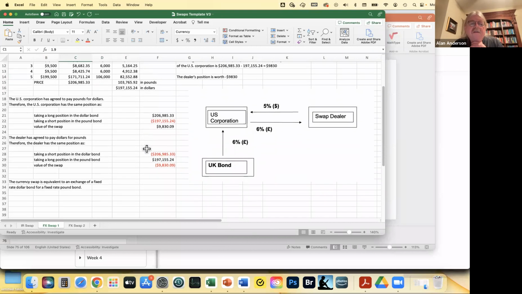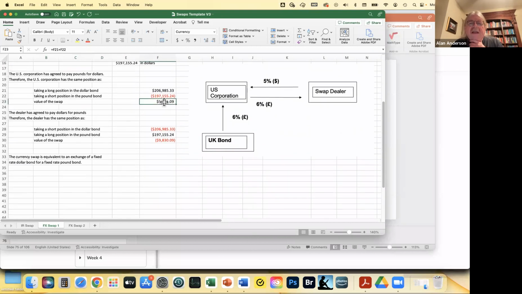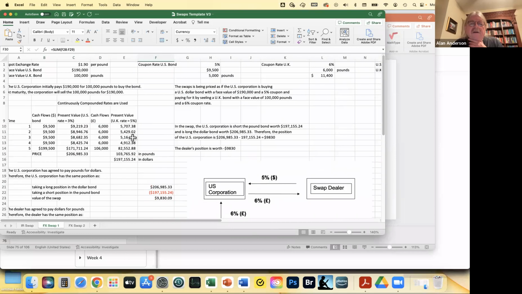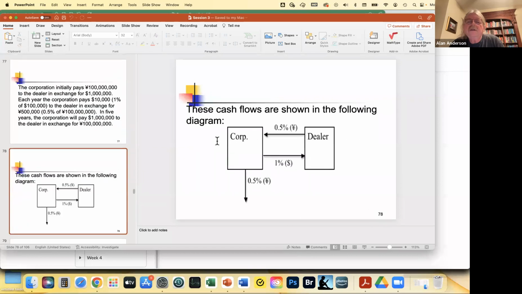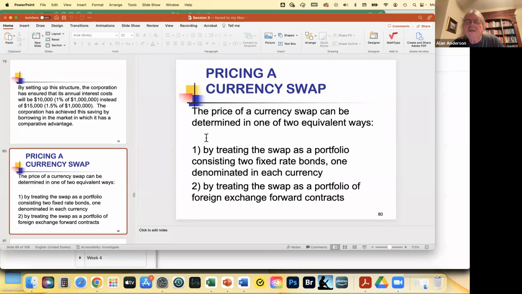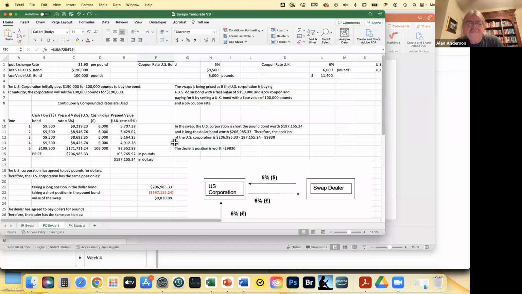So we saw that the corporation is ahead by $9,800 and the dealer is behind by $9,800. Now, what they're going to do here is make the point that there's an equivalent way of doing this that doesn't involve bonds at all, but instead forward contracts, specifically foreign exchange forward contracts.